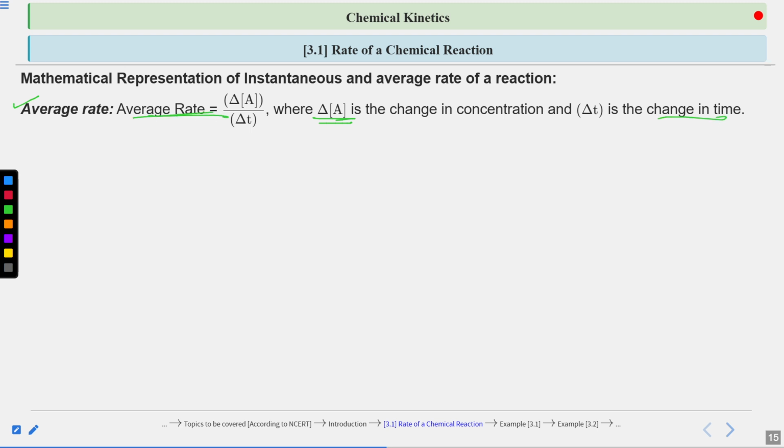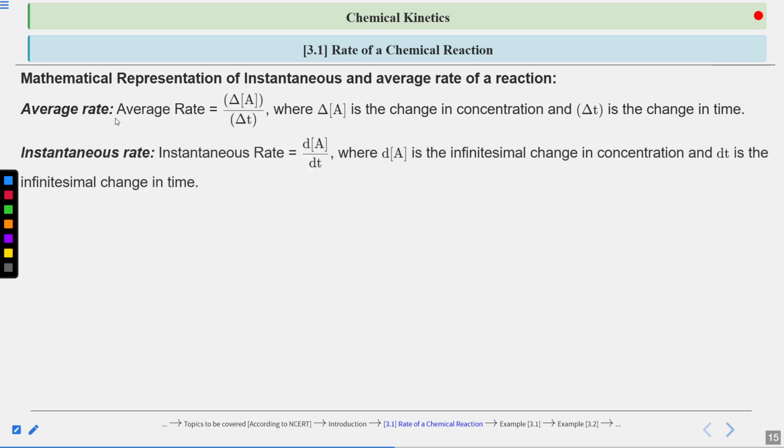This is the basic definition or formula for the average rate. Instantaneous rate is defined as dA by dt, where dA is the infinitesimal change in the concentration of A, and dt is the infinitesimally small change in time. So you put that in the denominator. This is the rate expression.